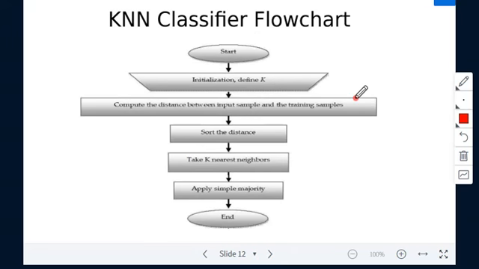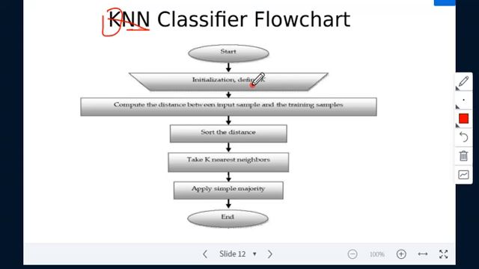Coming to the k nearest neighbor classifier, KNN stands for K nearest neighbor. K is nothing but the number of nearest training samples. So how will this algorithm, the flow chart, work? First, we have to define the K. For implementing any algorithm, we need a data set.